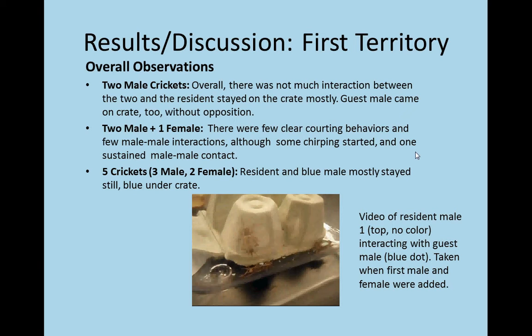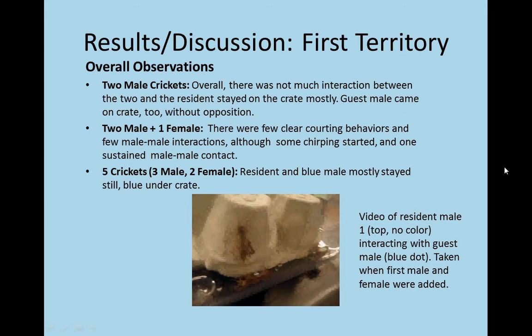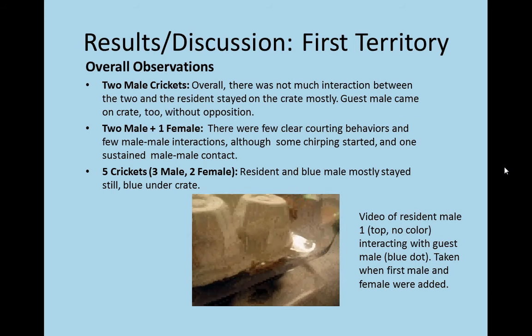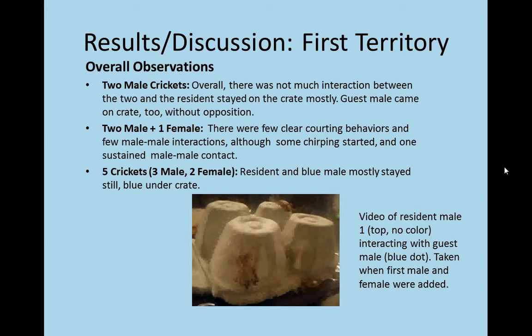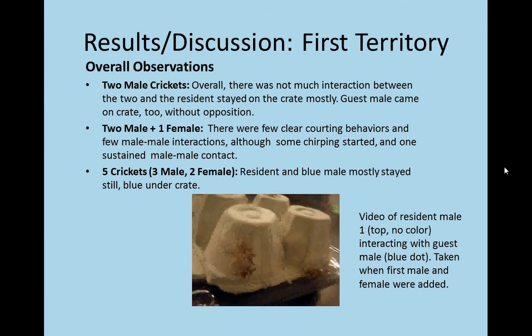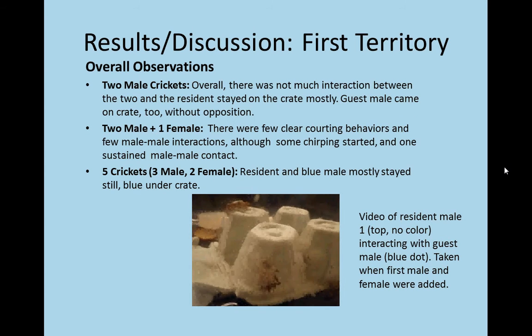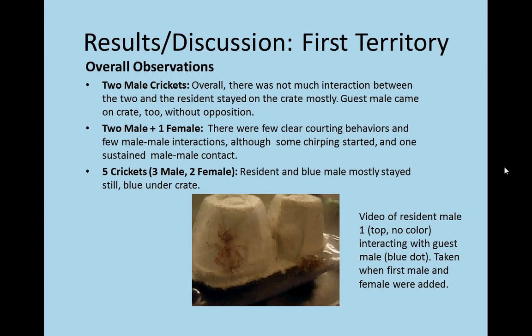This video shows one interaction between the resident male on the side of the egg crate on the left and the guest male on the bottom of the terrarium. This was one especially aggressive contact, the only contact of its kind, and it wasn't even fighting.